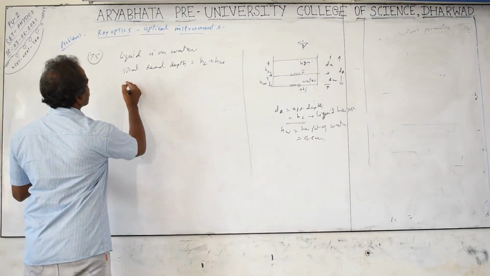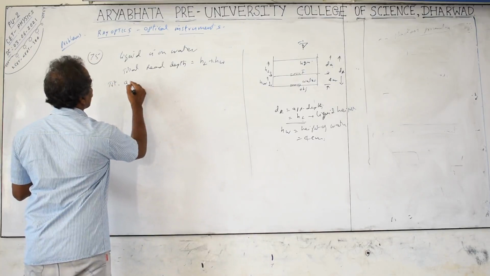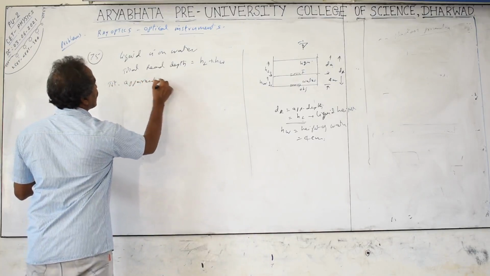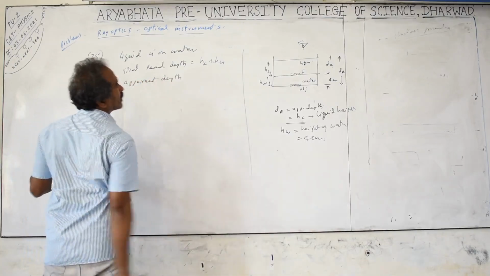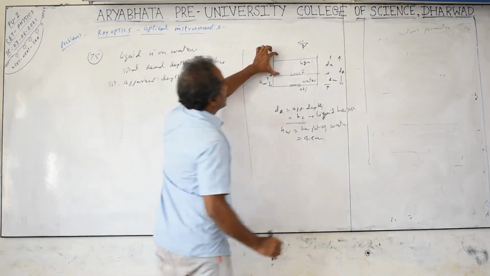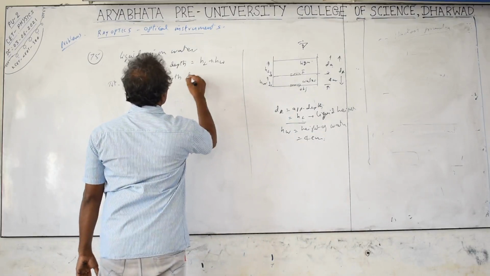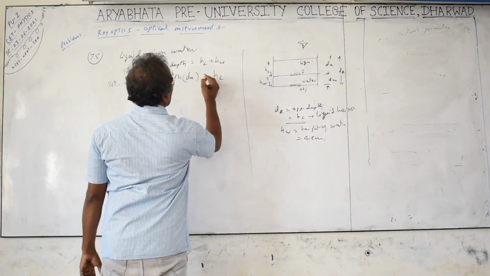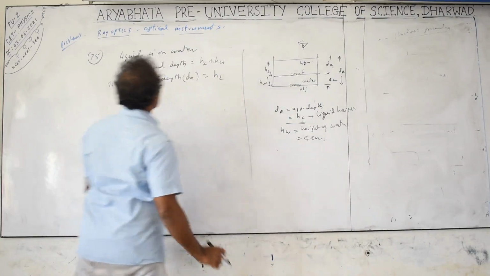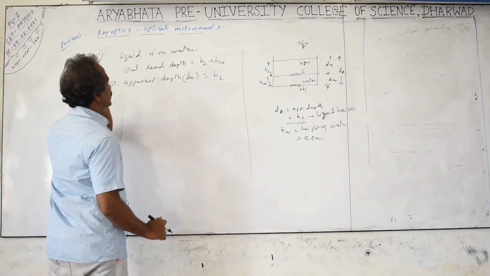Apparent depth is the total. Apparent depth is this much, that is equal to the height of the liquid. And they have given the refractive indices.